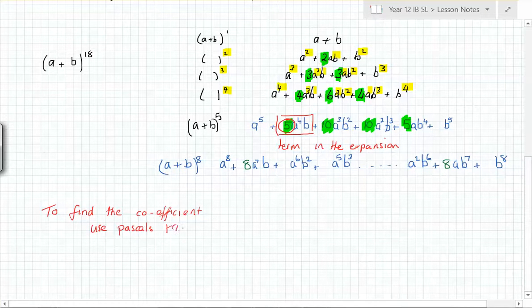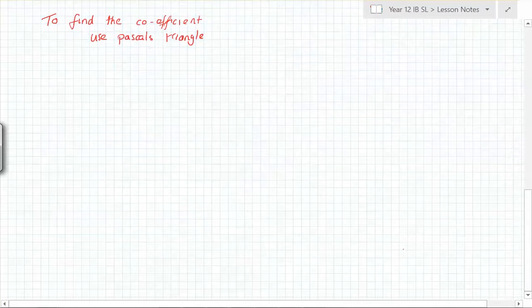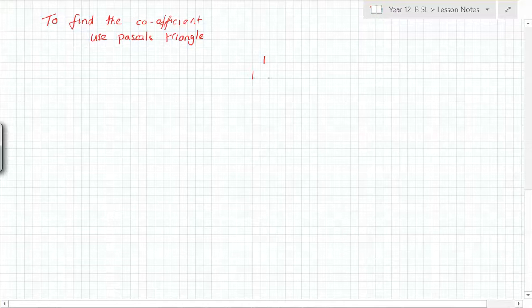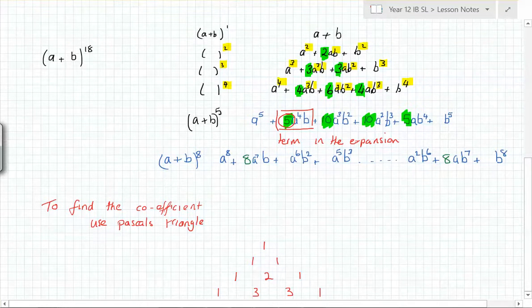Pascal's triangle. Does anyone already know Pascal's triangle? What is it then? So we have 1, 1, 1, 2, 1, 1, 3, 3, 1. Now just point something out. 2, 3, 3. Got that bit.